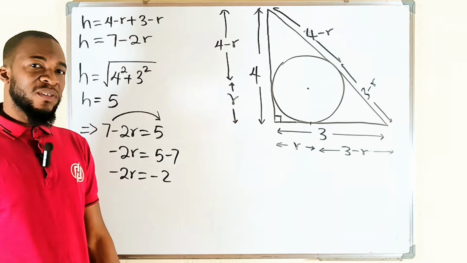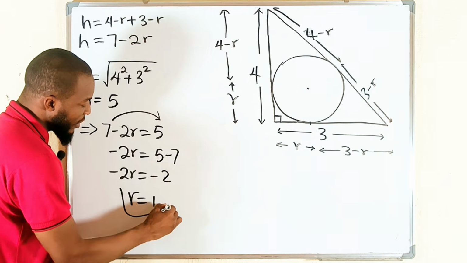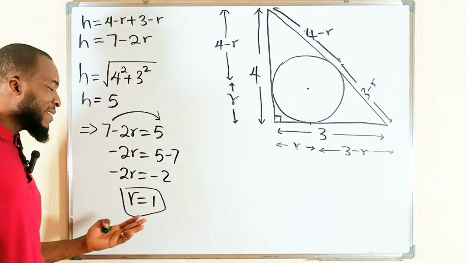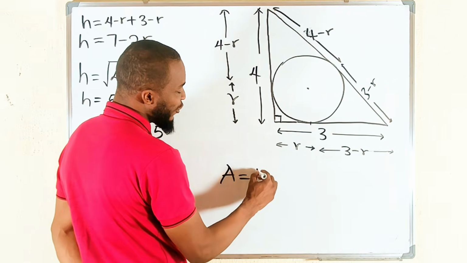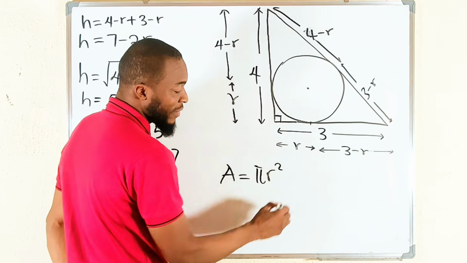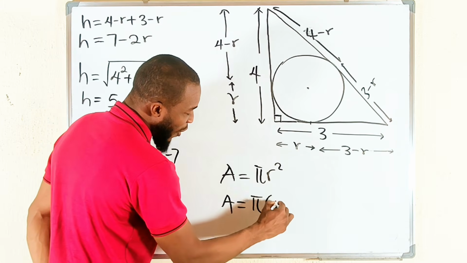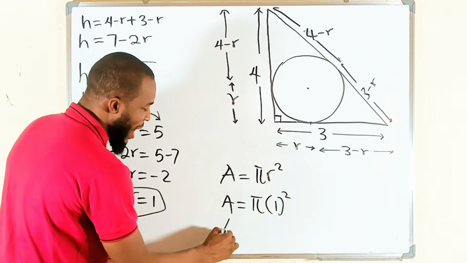And if you divide both sides by negative 2, it implies that r is equal to 1. Remember, to find the area of a circle, you only need the radius, and hence the radius is 1. And finally, the area of the circle is equal to what? Pi r squared, which means that area is equal to pi, r is 1, squared will not change it. 1 times pi is pi.